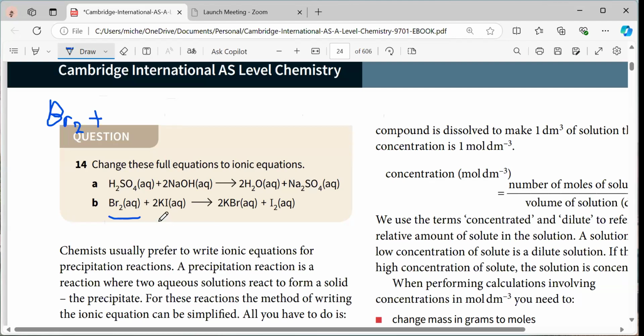Since these are two separate elements right here, you have to separate them first. So we have here K, potassium, which is on the left side of the periodic table, meaning that it is going to be a positive charge. So we're going to write this 2K since we have the 2 right here.